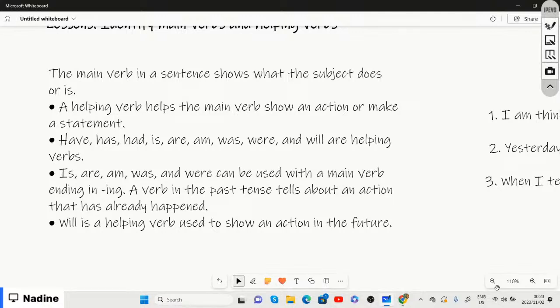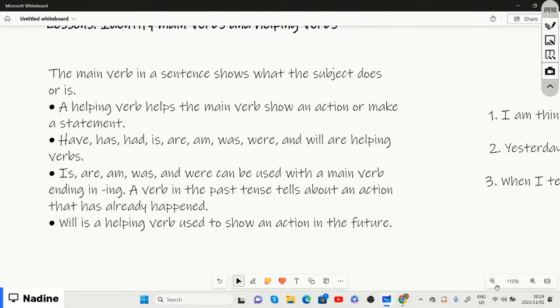Then with our main verb, we have a helping verb. And the helping verb within a sentence helps the main verb to show the action that takes place. And usually it shows the action that takes place either in the present tense, in the past tense, or in the future tense.